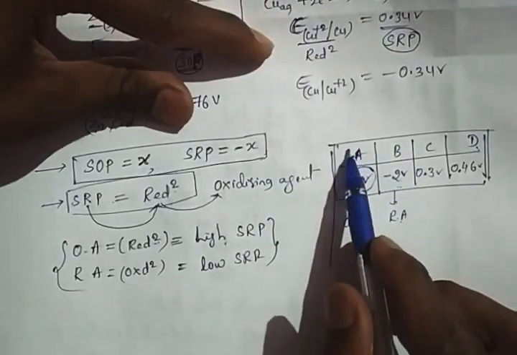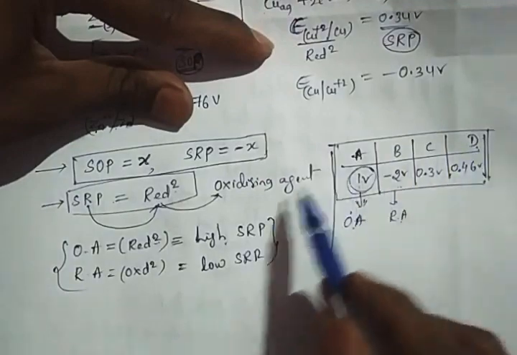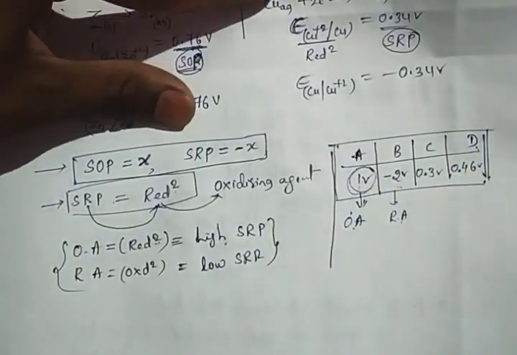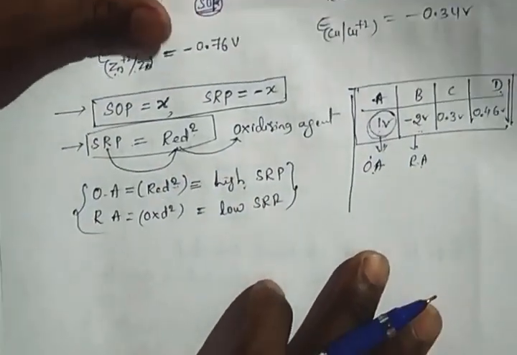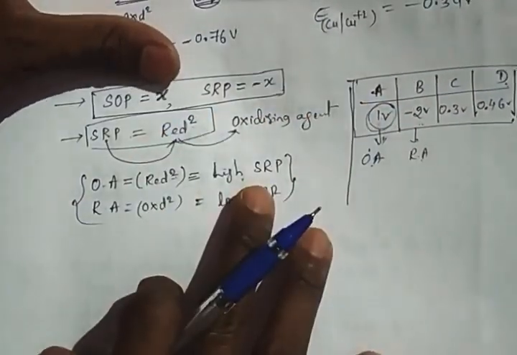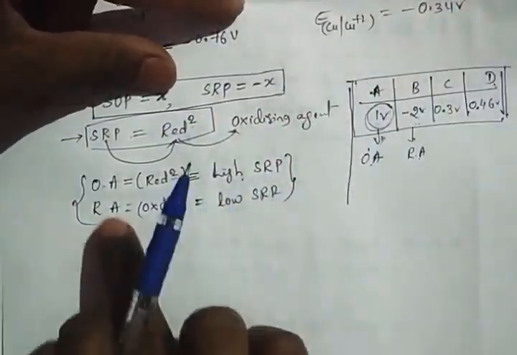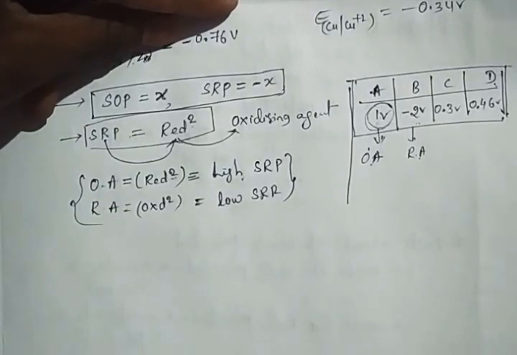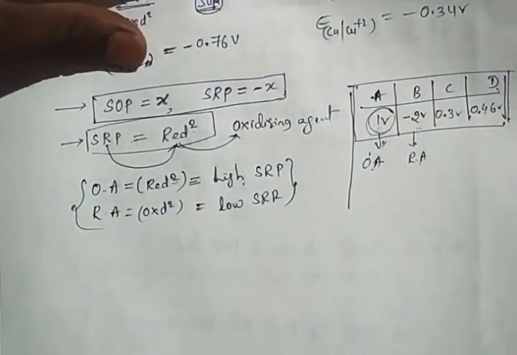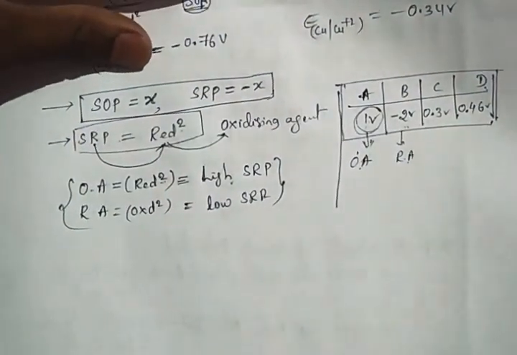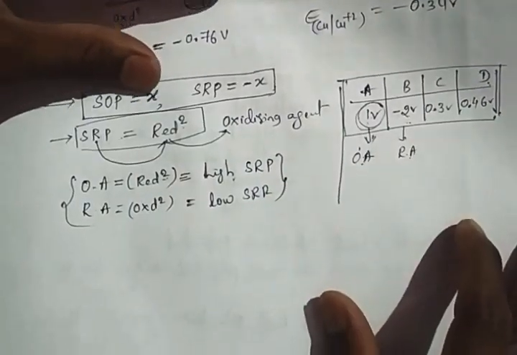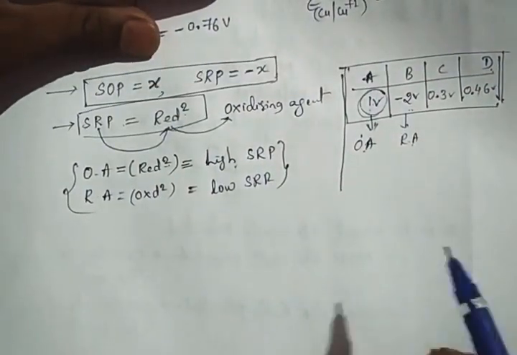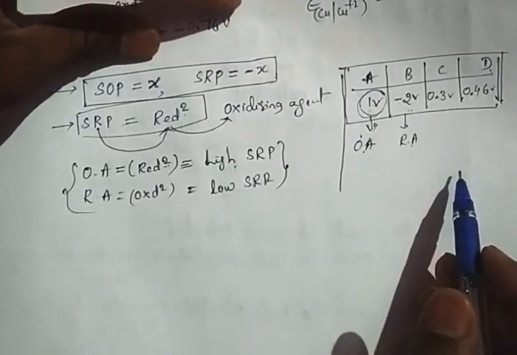They can ask to arrange these 4 electrodes in increasing or decreasing order, so that we can predict based upon this concept. These are just basic facts, and we are going to study these concepts in the next topic, that is electrochemical series and its applications. We will also study the same concept with different examples or numerical problems.